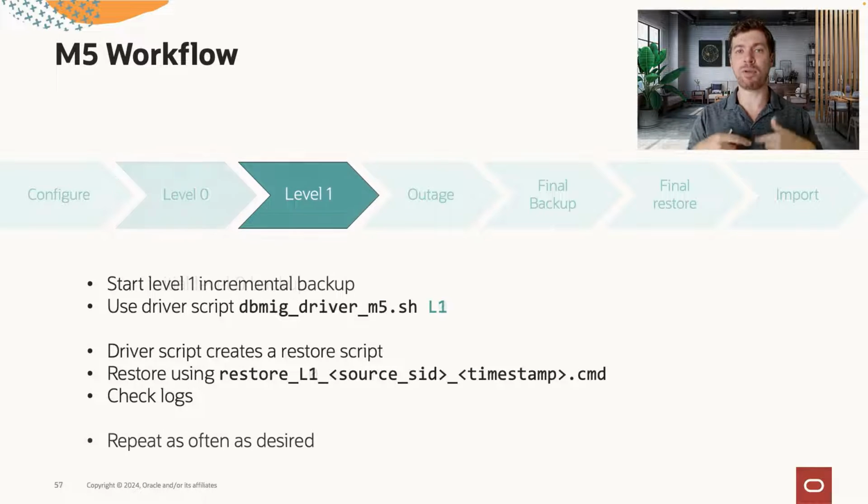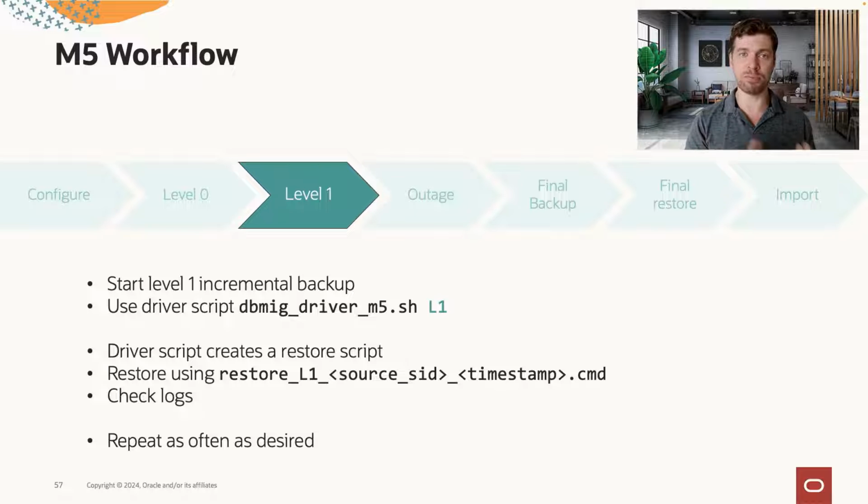Now the incremental level 1s, and you repeat them as often as you desire. So the incremental L1s will be just the delta since the last backup, and you run that, again, using the driver script with this L1 option at the end.